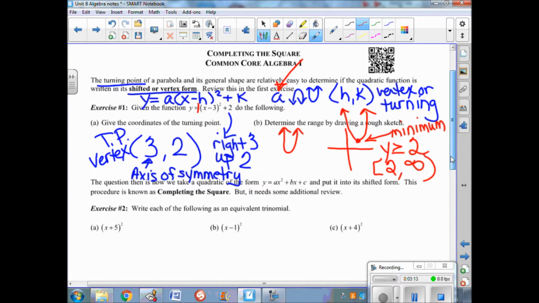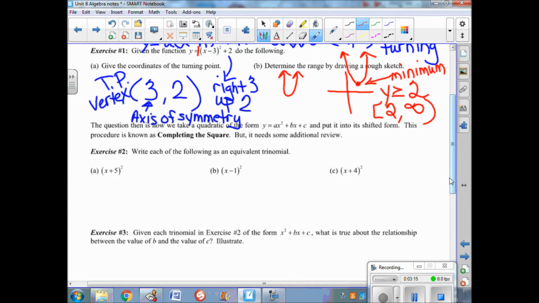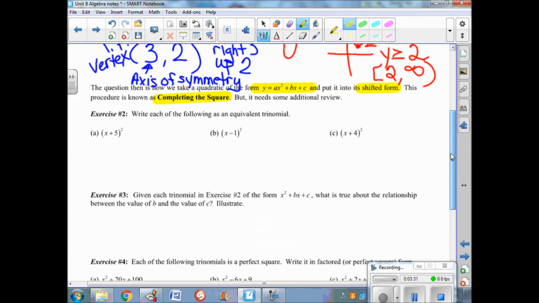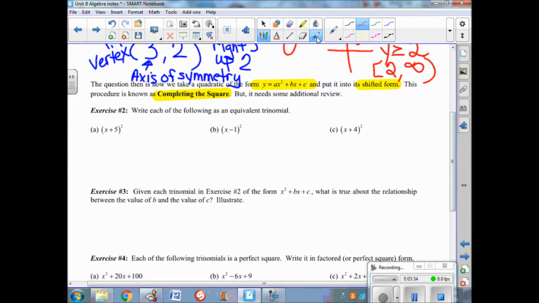Looking into this next section, it says the question then is, how do we take a quadratic equation in our standard form and put it into its shifted form? We have a process known as completing the square, and we've got to build up to this process. So if I were to write each of the following as an equivalent trinomial, what does squaring something mean? In this case, squaring something means multiply it by itself 2 times.